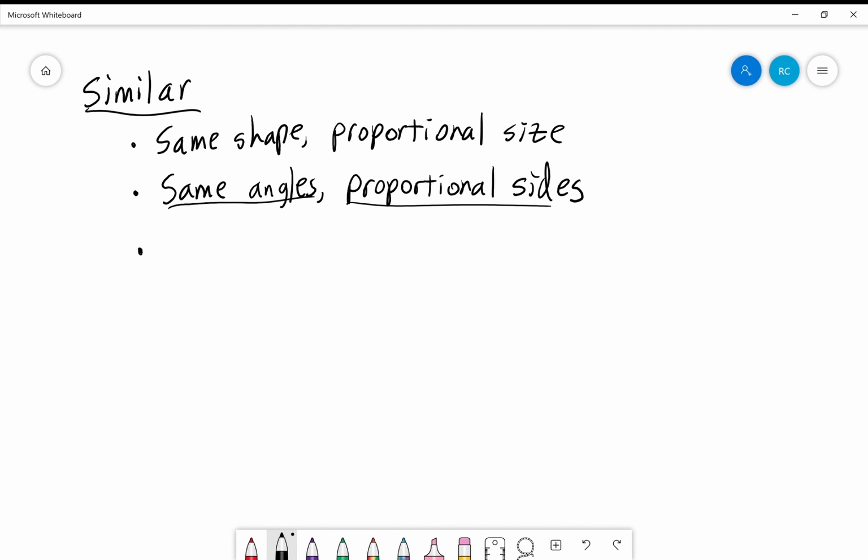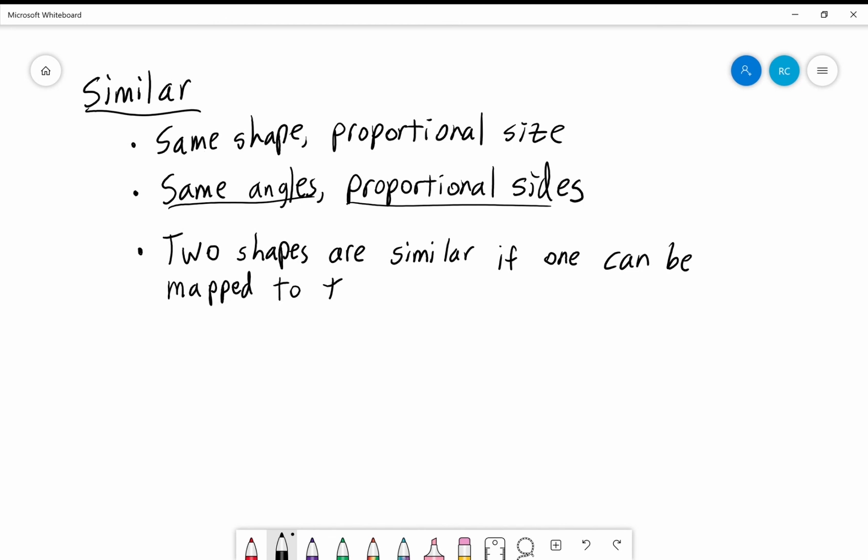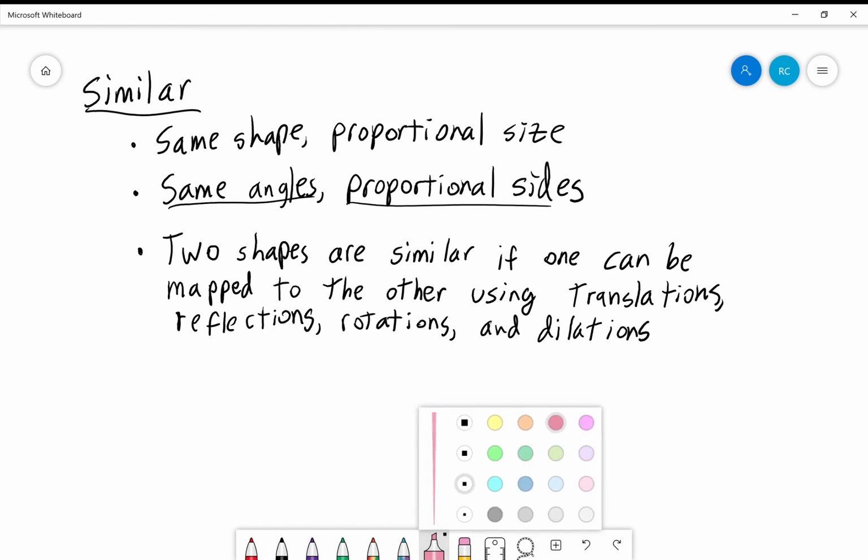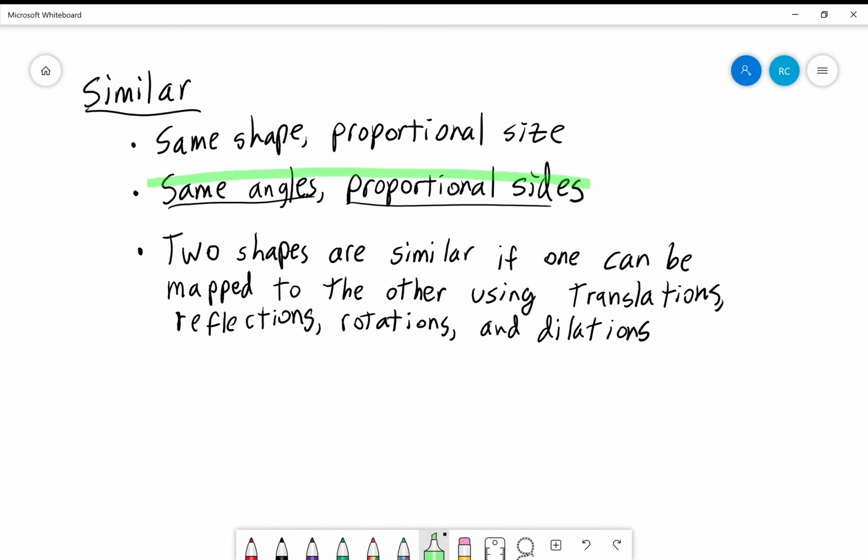Finally, we have the ultra precise, rigorous definition, which looks like this. Two shapes are similar if one can be mapped to the other, as in it can be picked up and perfectly put on top of another using translation, reflection, rotation, and dilation. But the most important of these three definitions is this one.